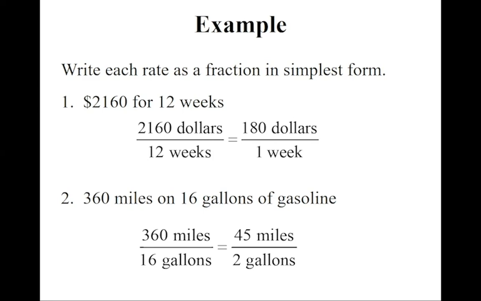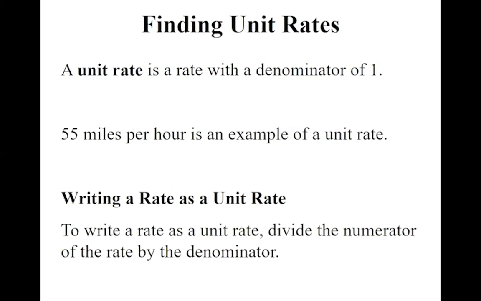Why did I bring the unit rate up again? Because we're there. A unit rate is a rate with a denominator of 1, and we get that by dividing. 55 miles per hour is an example of a unit rate. It's a rate that's a single number with a unit that compares to other units.